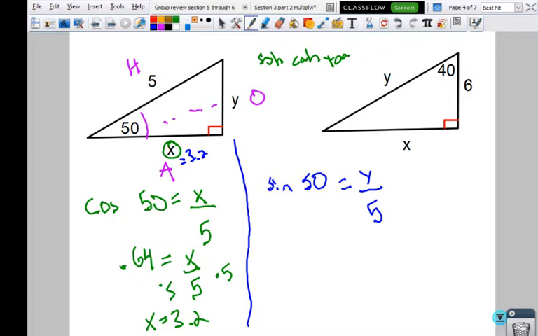It works basically the same way, except this time I plug in sine of 50, which is 0.76. So 0.76 equals y over 5, and we multiply by 5 on both sides. We get 3.8.